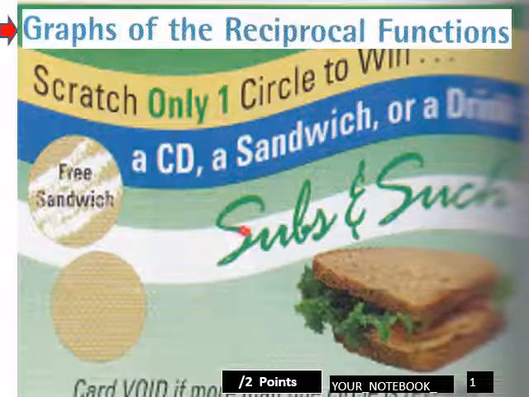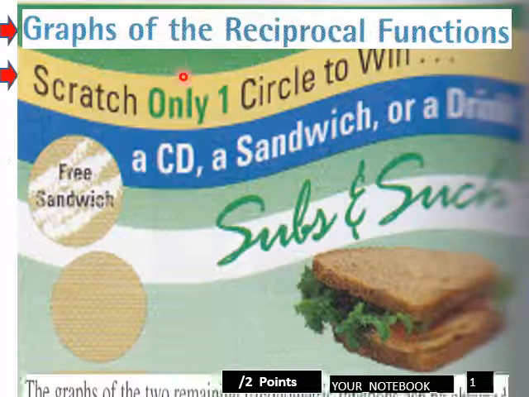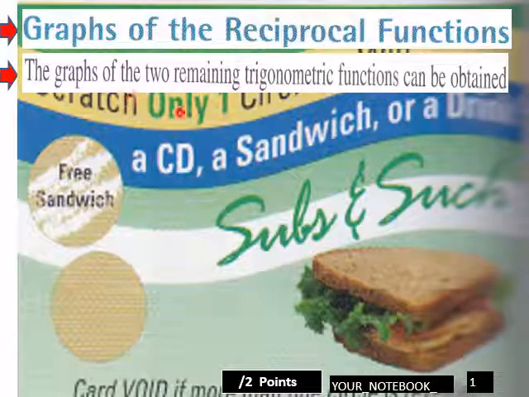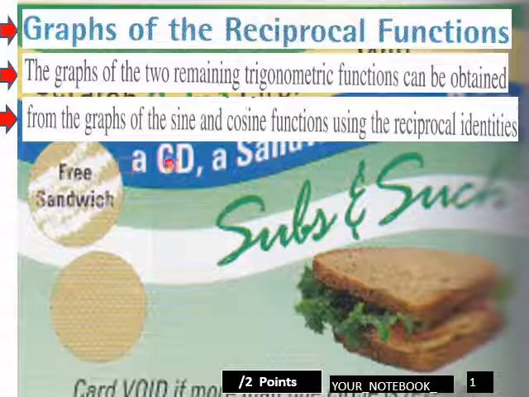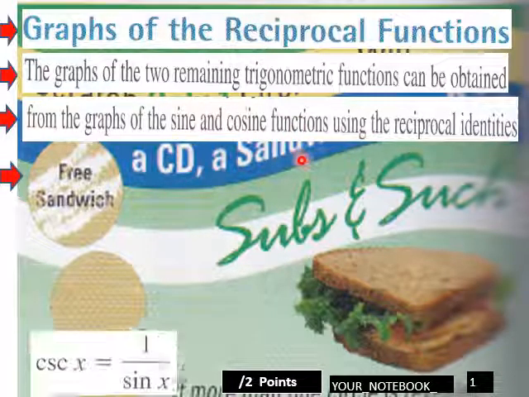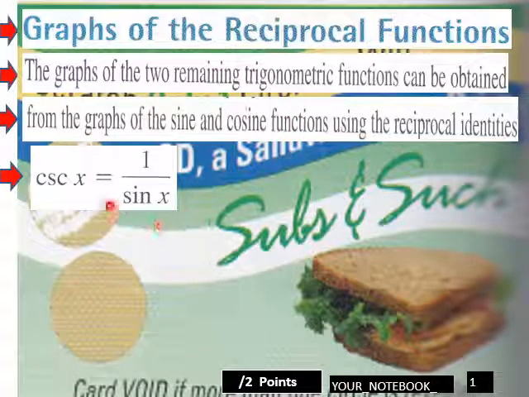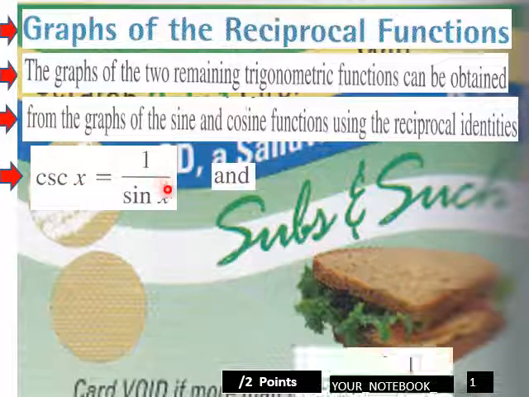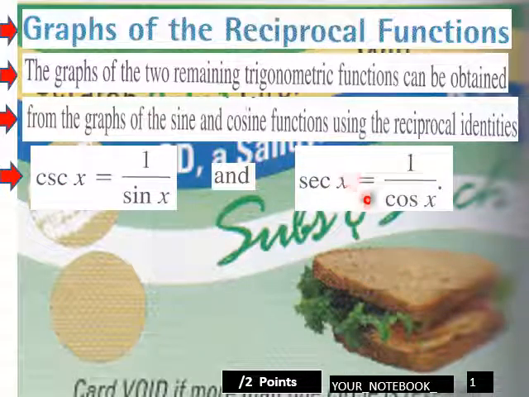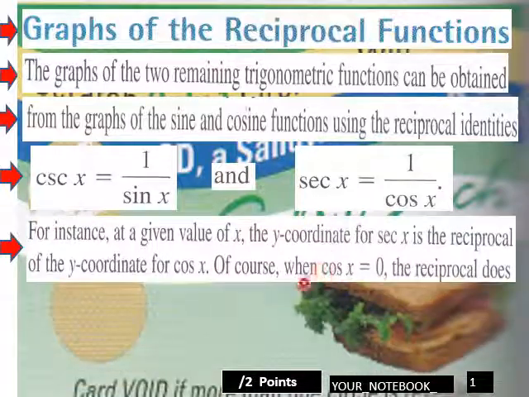So into your notebook, students, have your notebooks and notebook guides out. Graphs of the reciprocal functions. The graphs of the two remaining trigonometric functions can be obtained from the graphs of the sine and cosine functions using the reciprocal identities: cosecant x equals 1 over sine x and secant x equals 1 over cosine x.